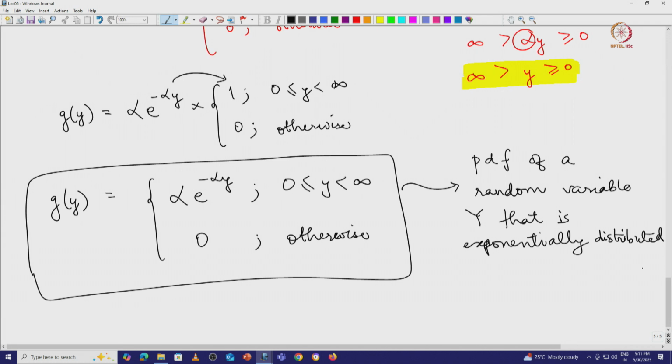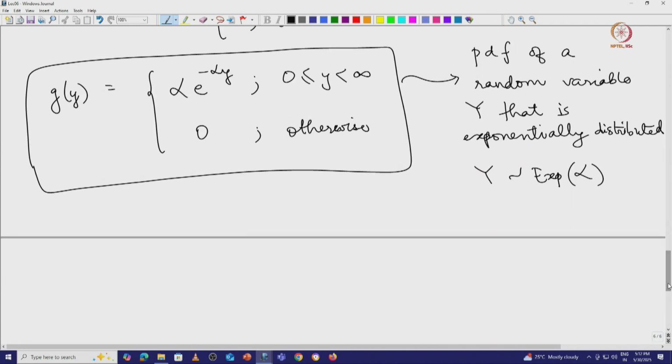So this means that y follows the exponential distribution with the rate parameter alpha here. So what we have found is actually a way to convert a random number that follows the uniform distribution to a random number that follows the exponential distribution.